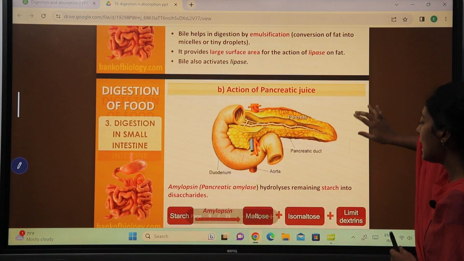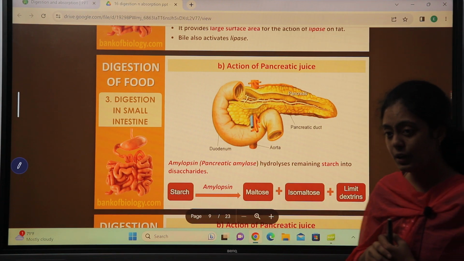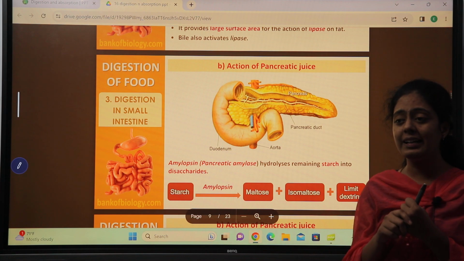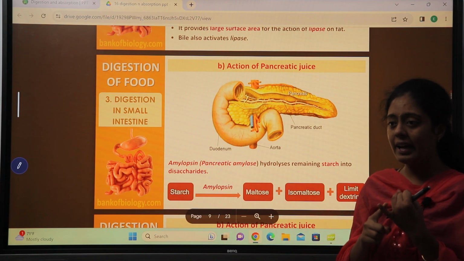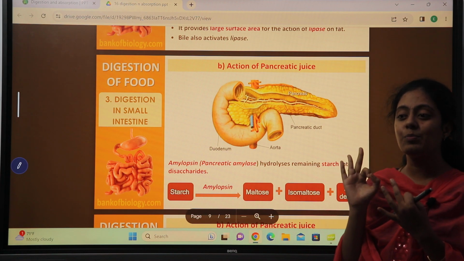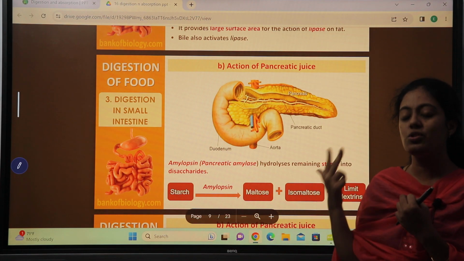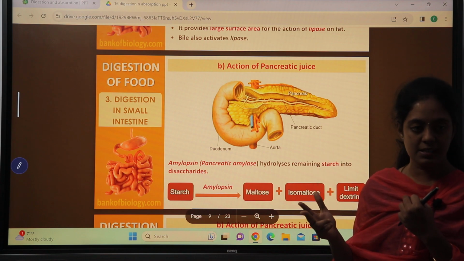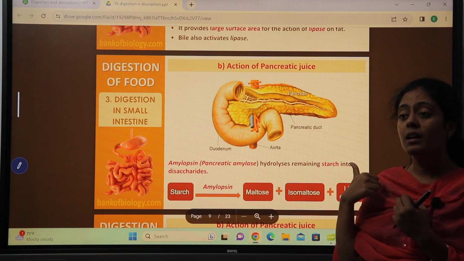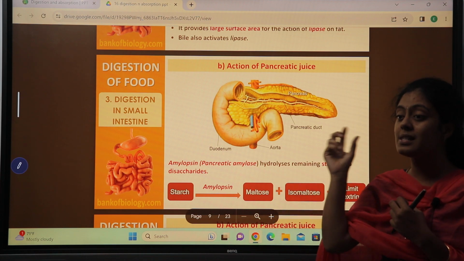Okay. In the last class we discussed the pancreas, right? The pancreas produces what kind of juice? Pancreatic juice. What does the pancreatic juice contain? It contains pancreatic amylase, lipase, and three important proteases: chymotrypsinogen, trypsinogen and procarboxypeptidase. These are all zymogens.